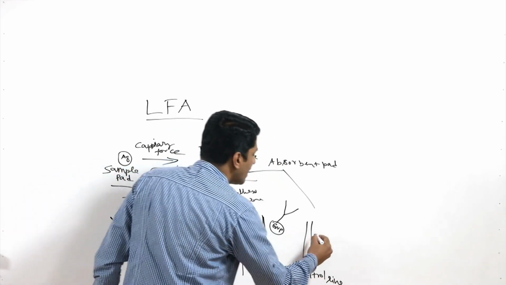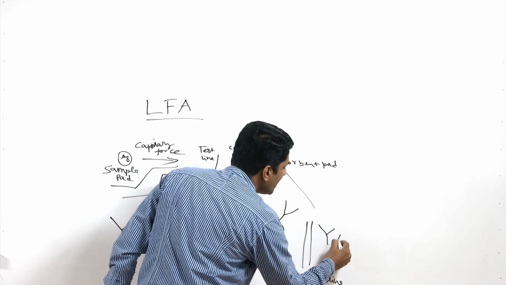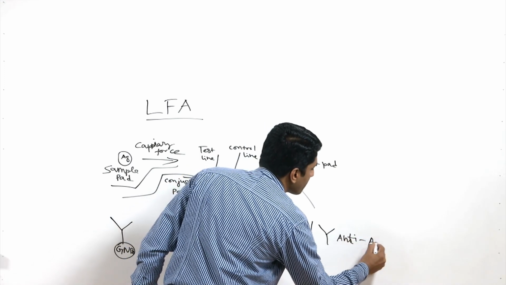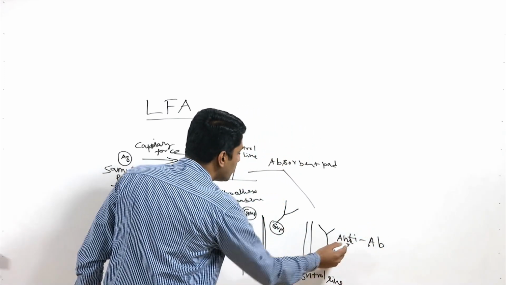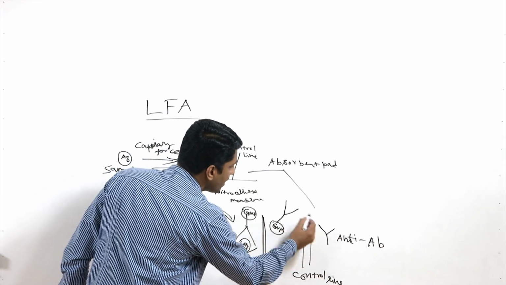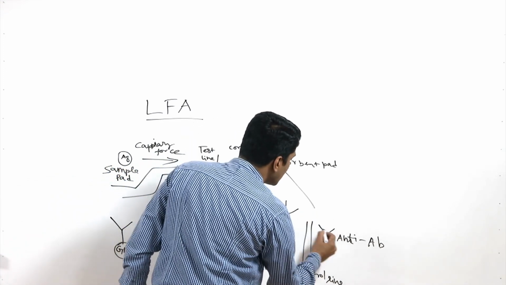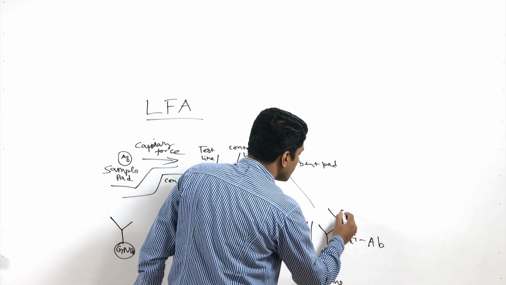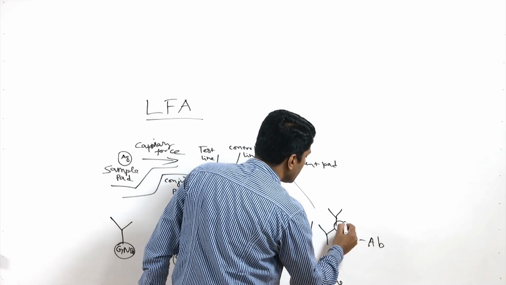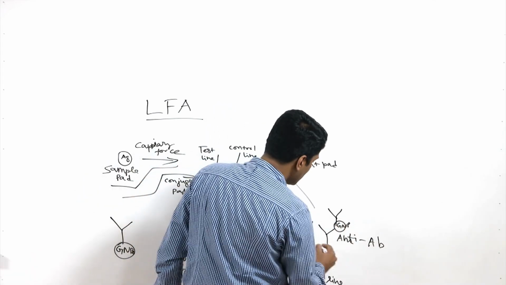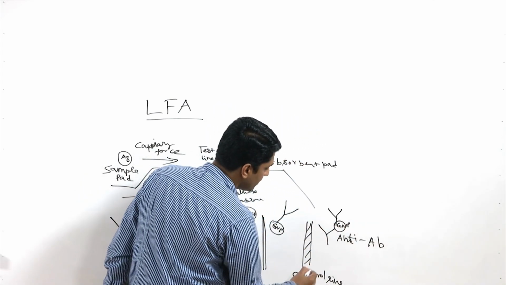In the control line we will have anti-antibody. This antibody is specific for your conjugated antibody. So, this conjugated antibody will come and bind here, and it forms a color line here.